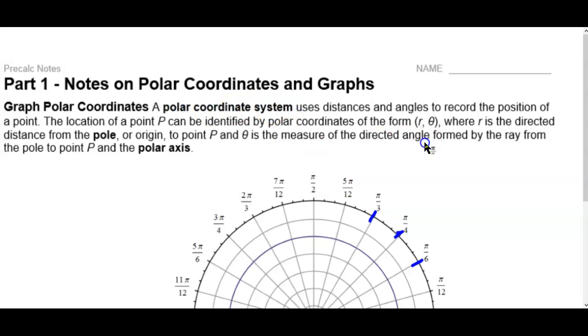One more time, when we're measuring in this system, the pole is the origin and the polar axis is the positive x-axis. And our xy ordered pairs are no longer x and y, they're r and theta. The r is the radius. It tells us how far out to go. And theta is an angle that tells us how far around to rotate.